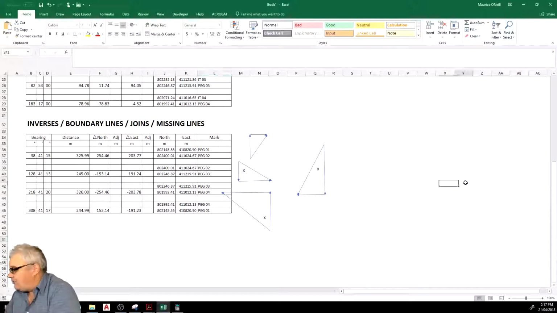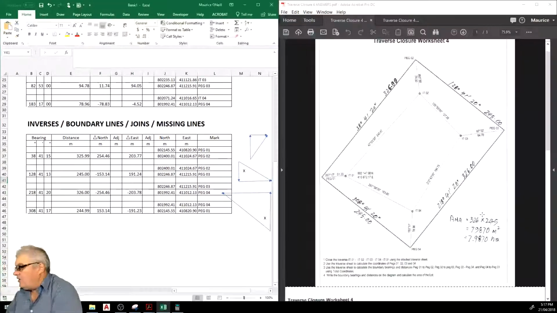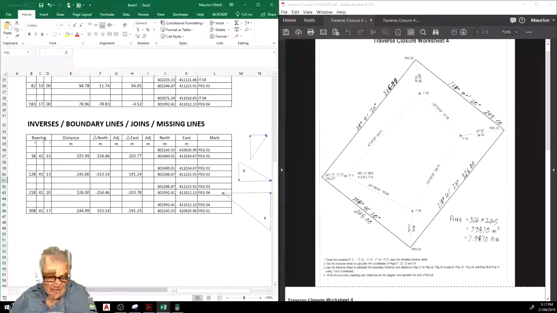So now we're in this window here. Now you'll also notice that I rounded the final bearings and distances, and that's very common. I always try and show them on a diagram so that we have a diagram showing exactly what we've got.